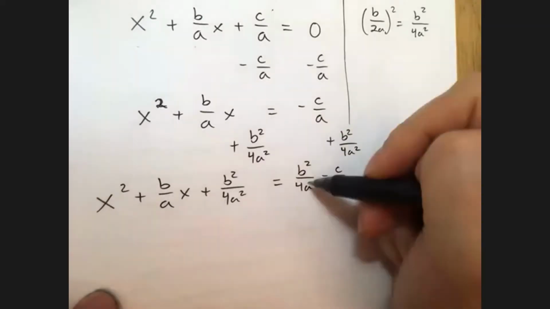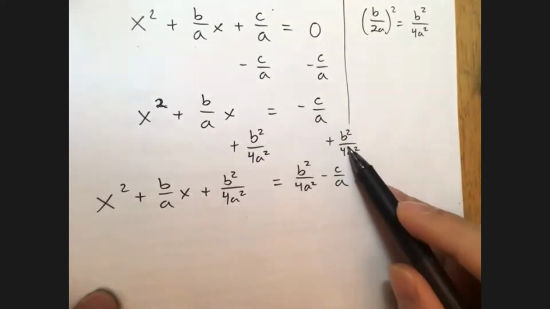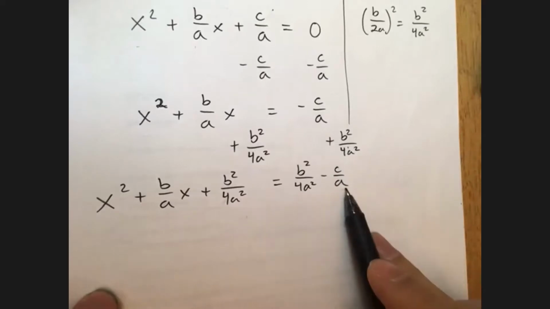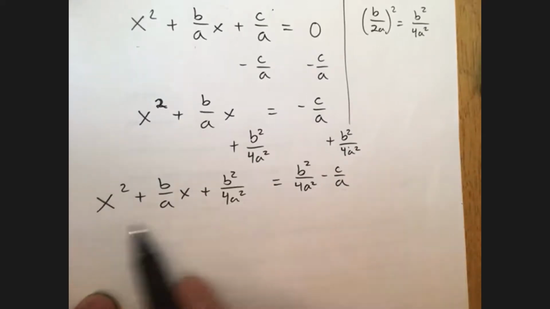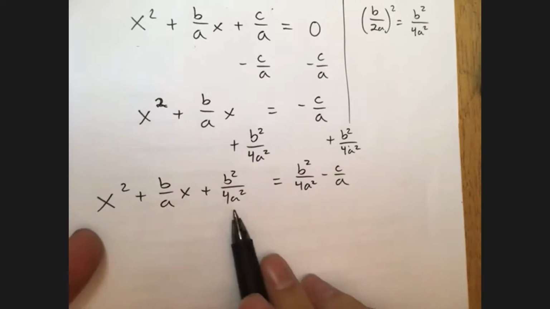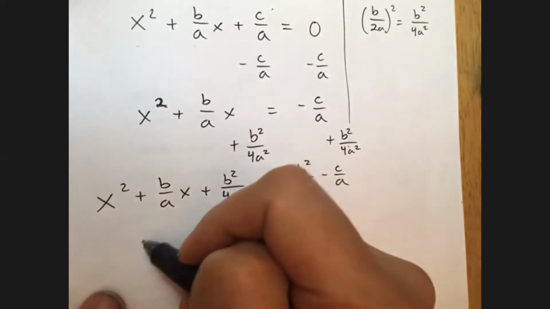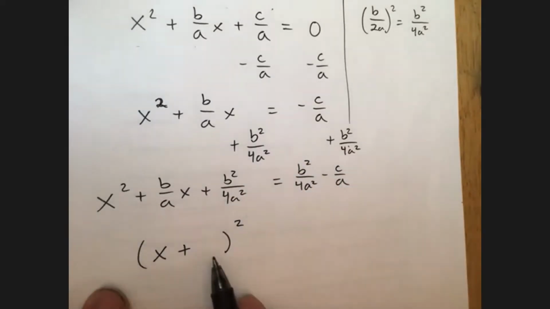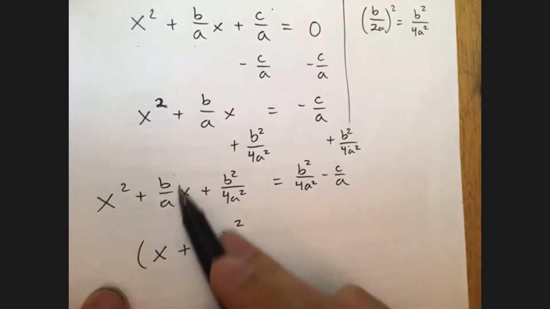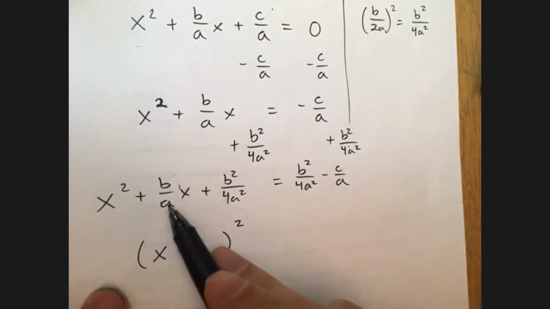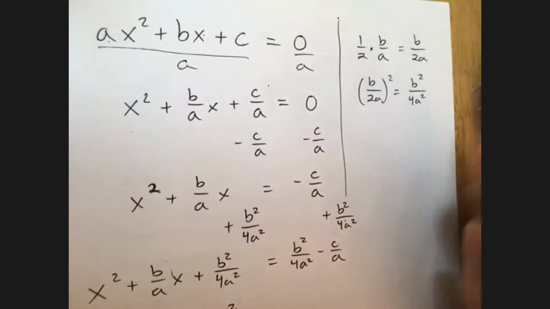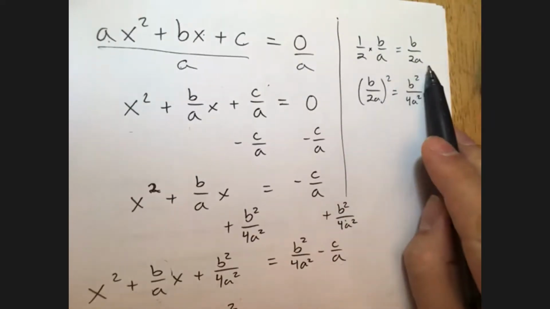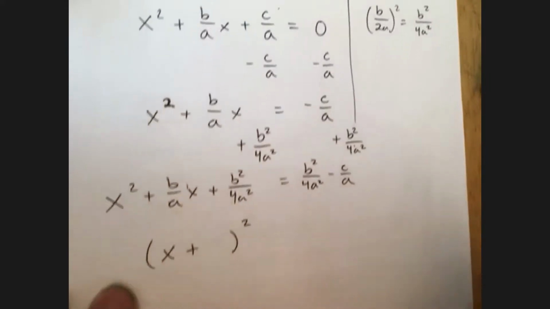I just added these, got this, just added this to this stuff, got this. Now, it's guaranteed that this is a perfect square. That's always x plus something squared. What goes in here is always half of whatever the coefficient in front of the x was. What was half of b over a? Well, we computed it right here. It's b over 2a. So that's exactly what goes here.